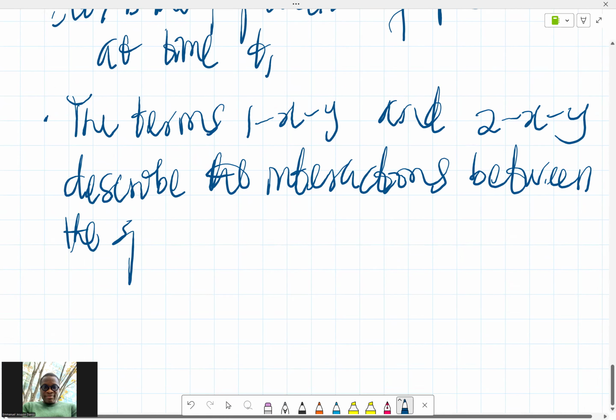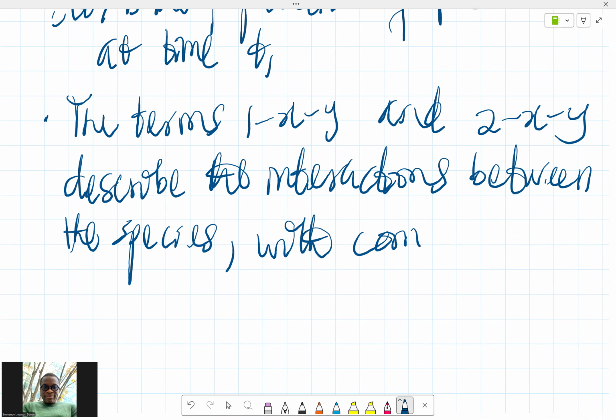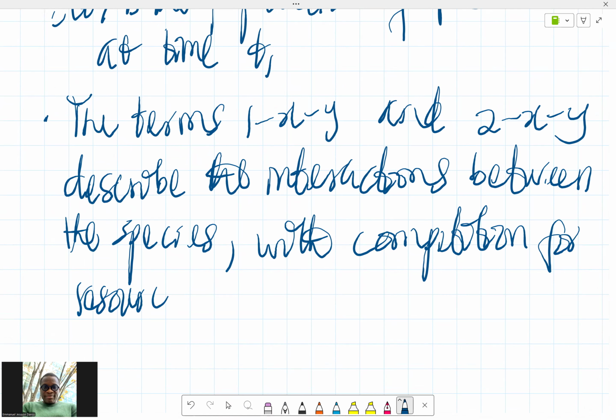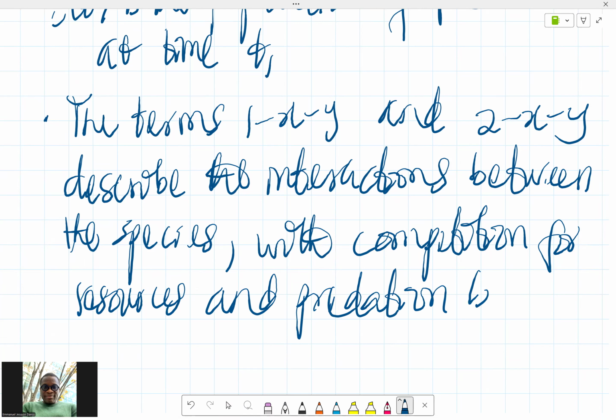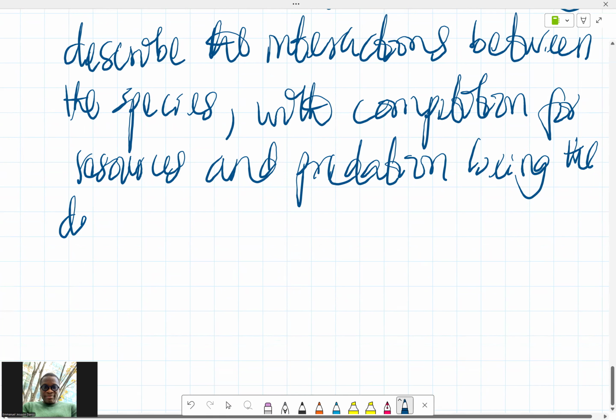It determines the interaction between the species, with competition for resources and predation being the dominant nonlinear dynamics.